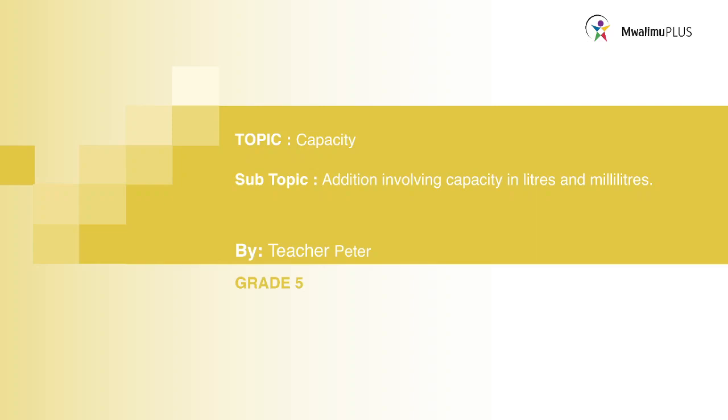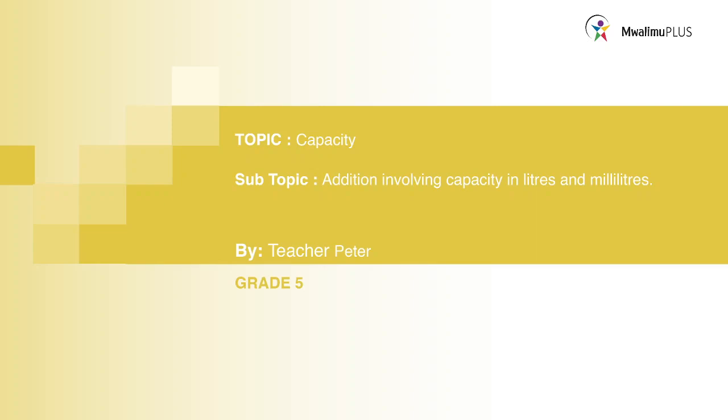And my intention in this subtopic is that at the end of it all, you'll be able to add units of milliliters and units of liters. At the same time, I would also want to say that you'll be able to arrange your work in terms of liters separate and of course milliliters separate. That is what I want you to learn by the end of this activity. Now let's move on.